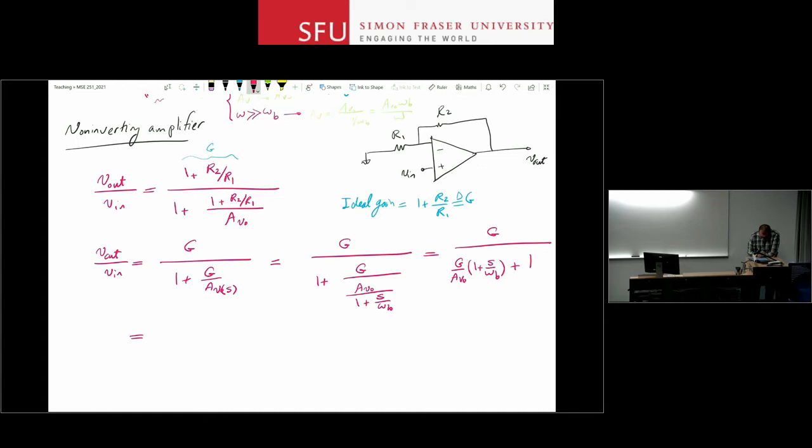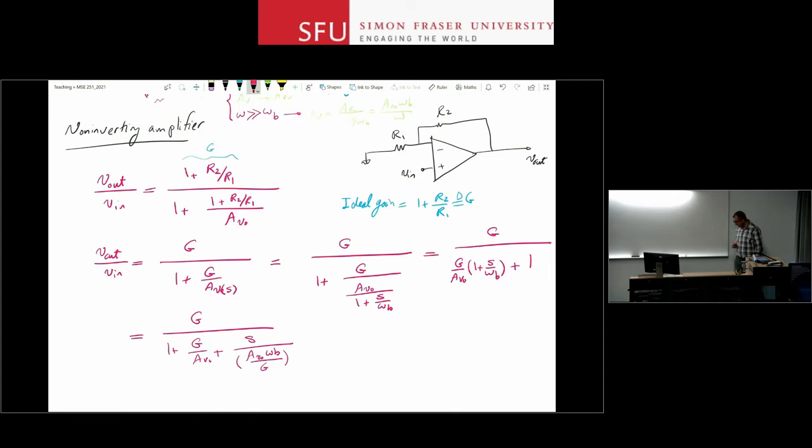And if I expand that a bit, it's going to be G, my DC gain, over 1 plus G over AV naught plus S over, and I'm going to write it like this, AV naught omega B, divided by G.